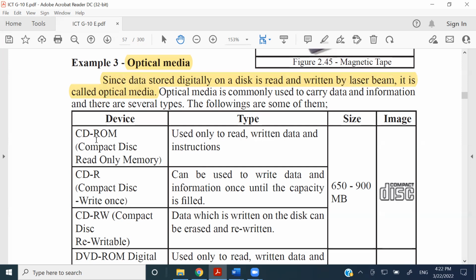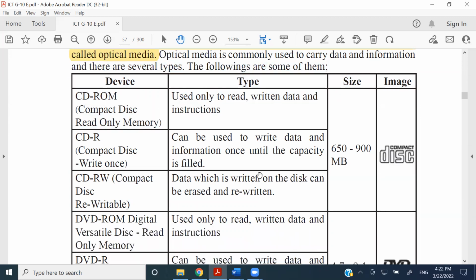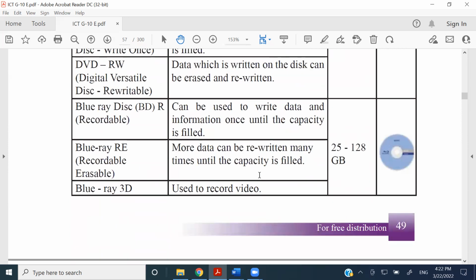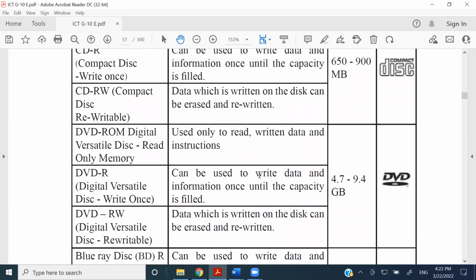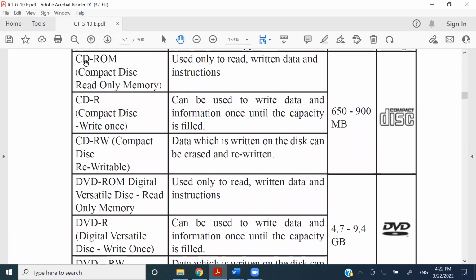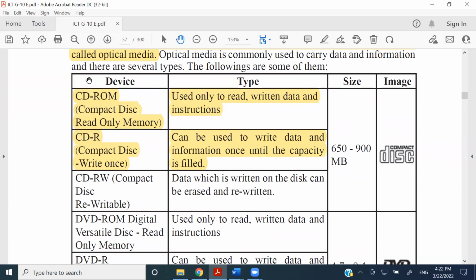And then you may copy the first two columns of the table. Only device and type will be there.